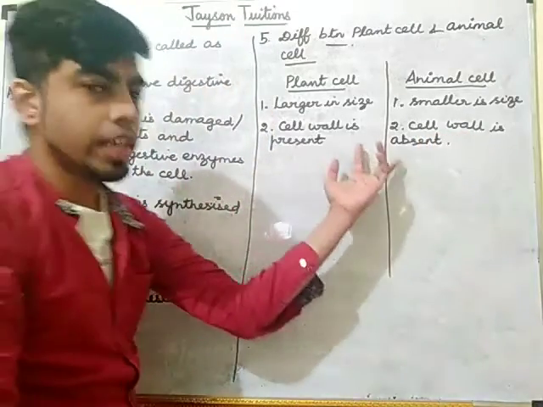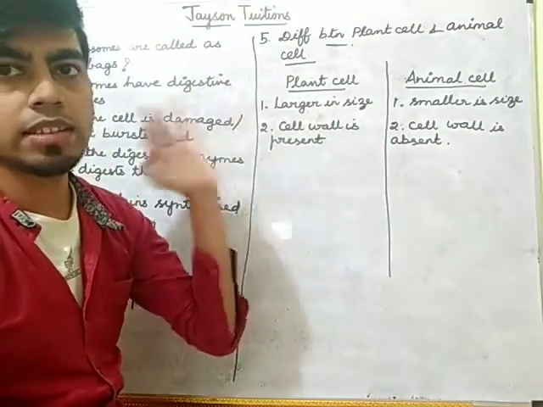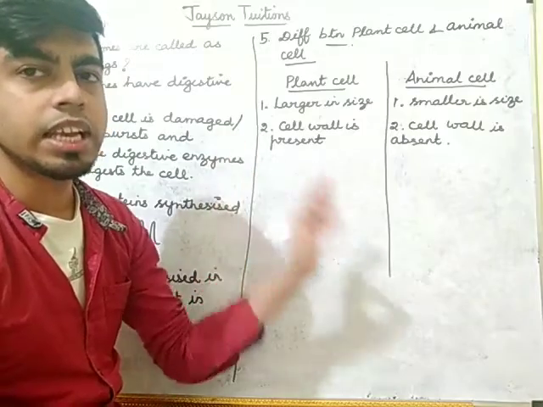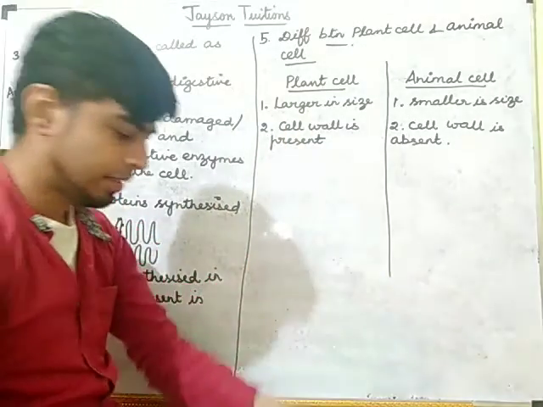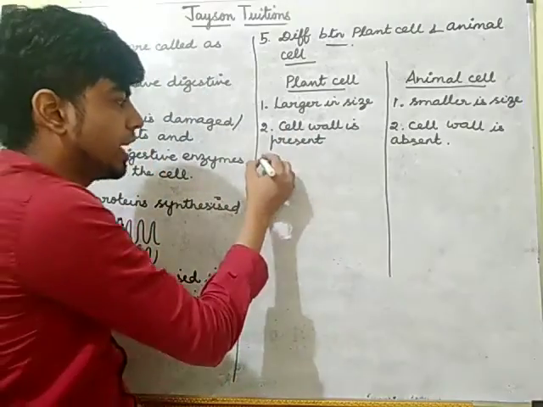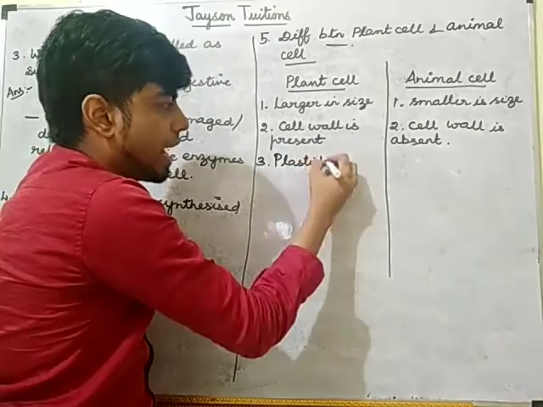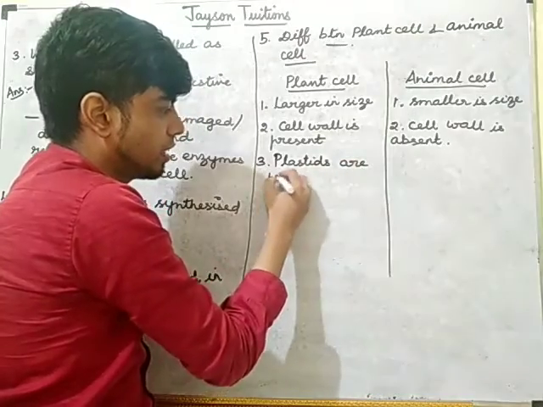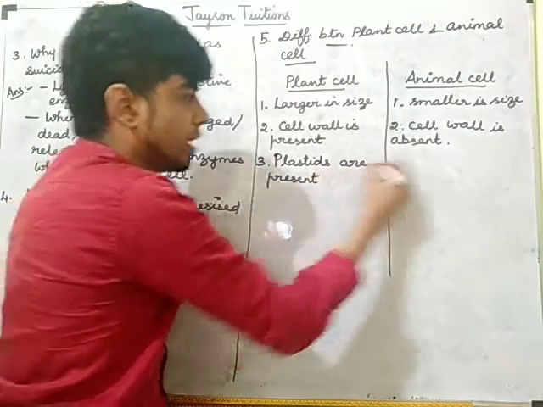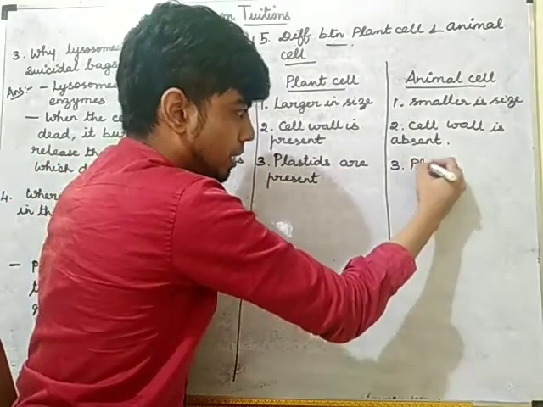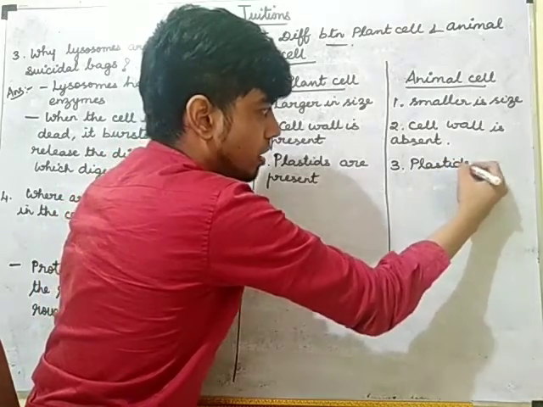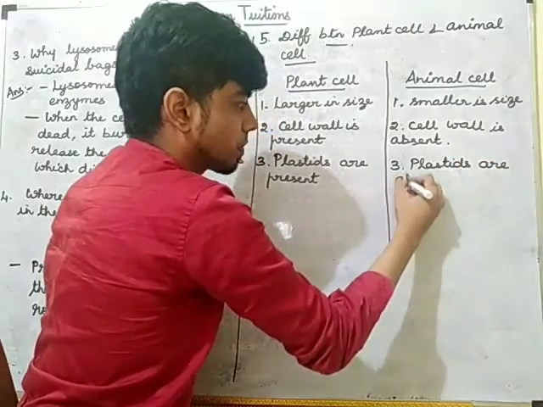This is a very important difference. In the plant cell the cell wall is present; in the animal cell it is absent. Plastids are present mostly in the plant cell, whereas in the animal cell plastids are absent.